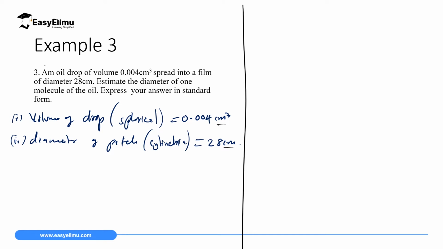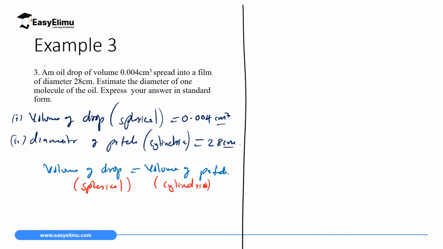Then now the first thing that we do, we write our equation. Volume of the drop is the same as volume of the patch. In this case, the drop is spherical and the patch is cylindrical.